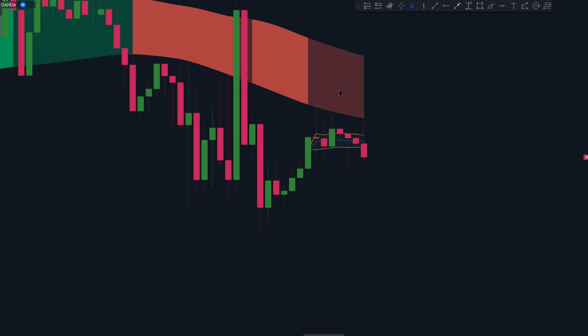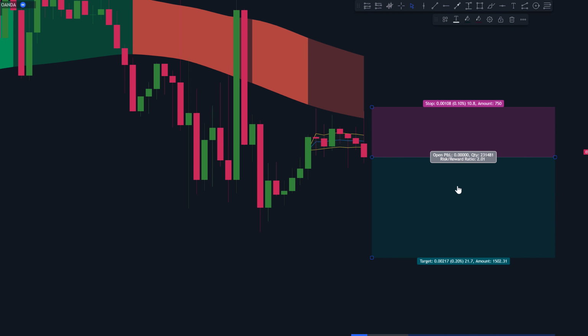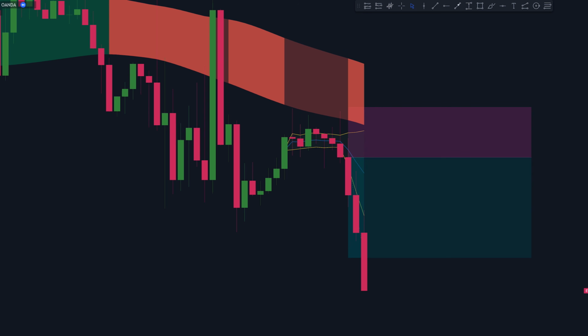All our entry conditions are met on this candle, so we're going to enter a short trade. The stop loss is going to be set above the most recent swing high. For the take profit, we're going to set it at 2 times the risk. We let this trade run and it hits take profit.